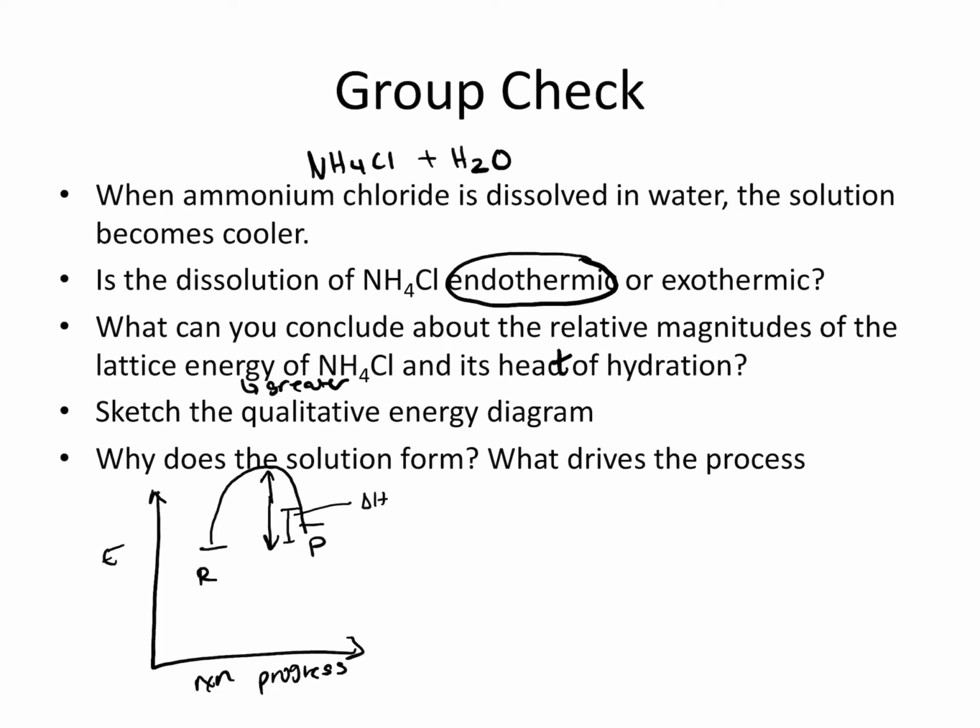So why does the solution form? What drives the process? So we know that the enthalpy and entropy are two driving forces, the energy and then the tendency towards mixing. Chemical reactions always proceed in the direction where enthalpy change is minimum and entropy is maximum. So we're using little energy, but we're going really towards disorder, tendency towards mixing.